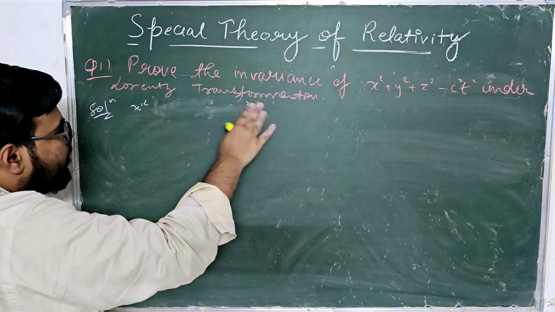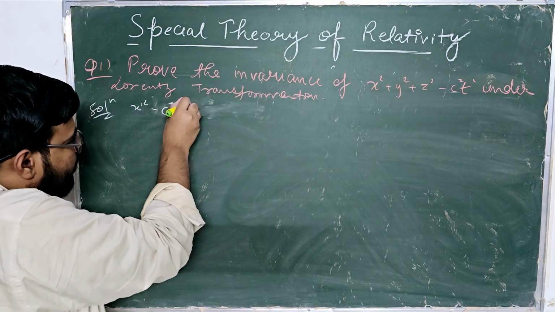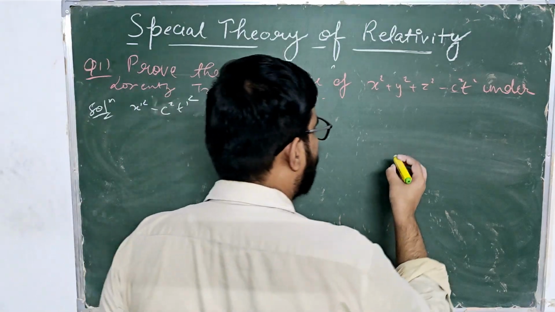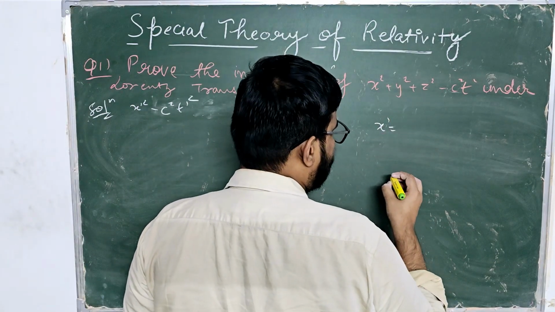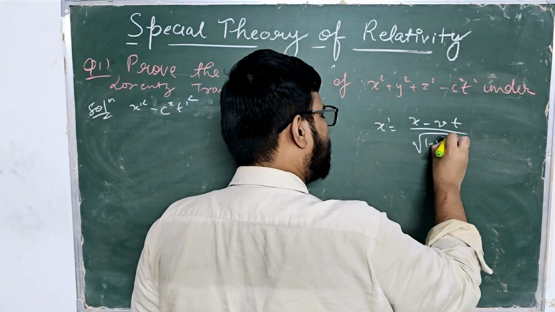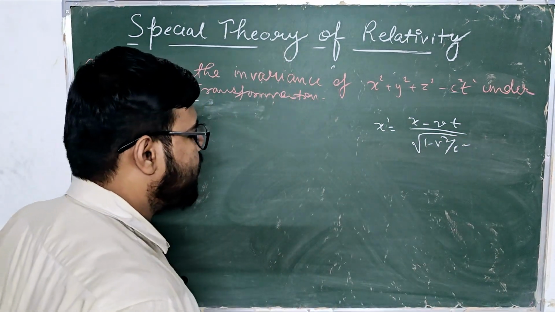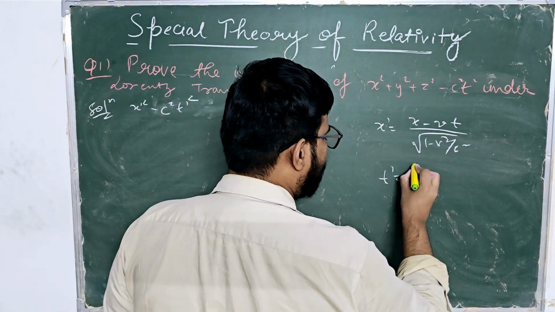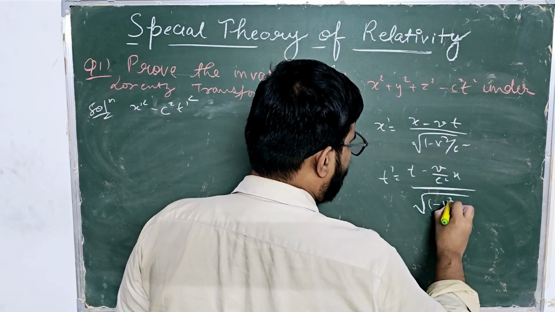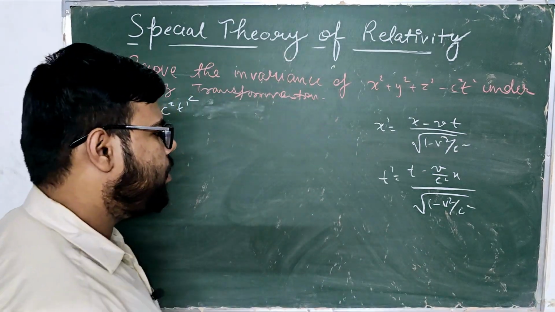The thing over here is that we have to solve for x' and c²t'². Now what is x'? x' we have calculated: x' = (x - vt) / sqrt(1 - v²/c²). And what is t'? t' = (t - (v/c²)x) / sqrt(1 - v²/c²). Correct? Okay.